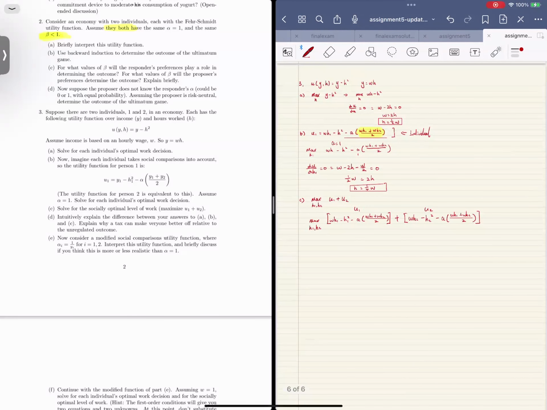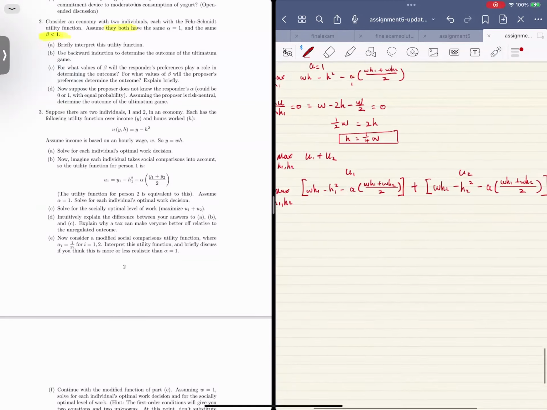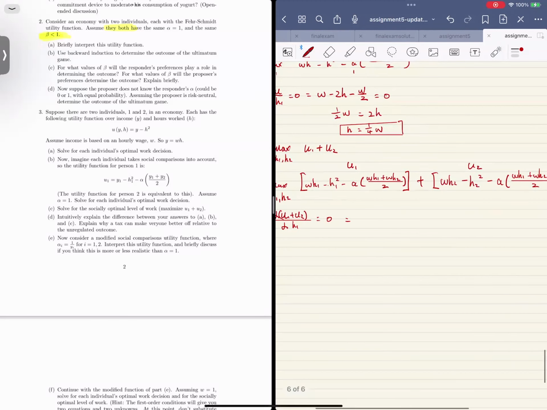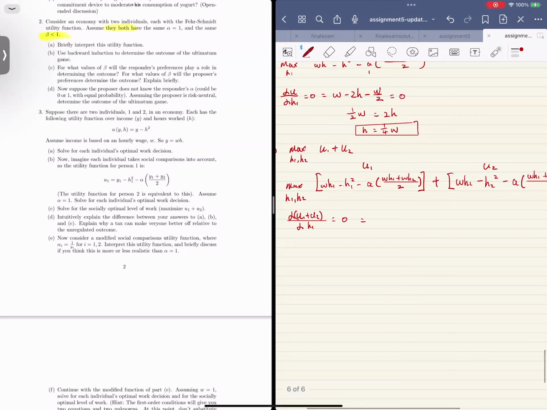How do we maximize them? We take d(U1 plus U2)/dH1 and set it equal to 0. Now it's with respect to H1.